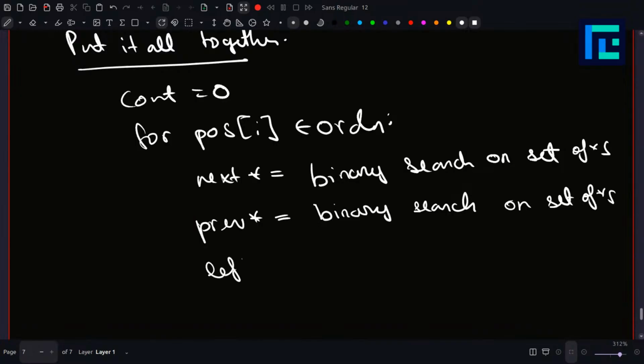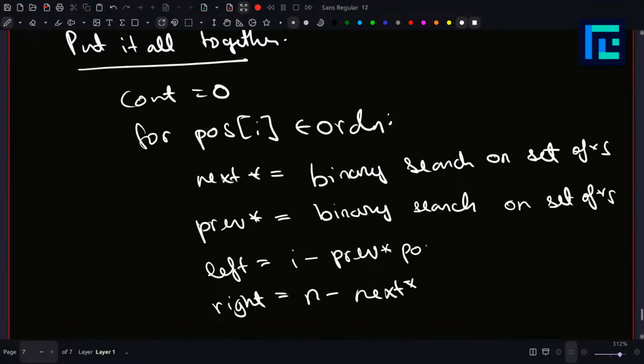And then left will be how much? Left will be simply i minus previous, and right will be, sorry, not n, it should be next star position minus i. Then how many new substrings are found?